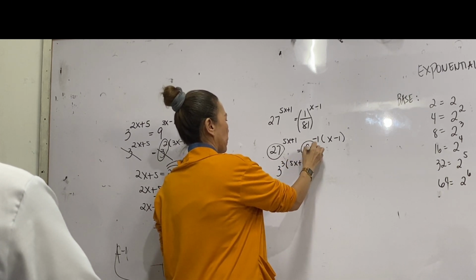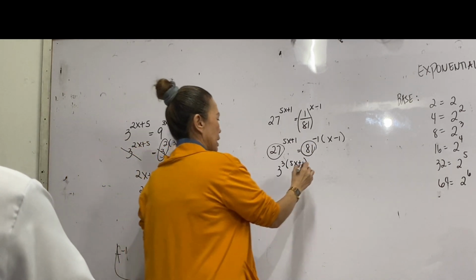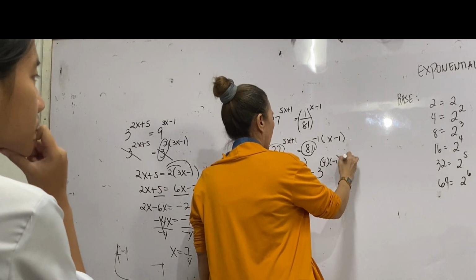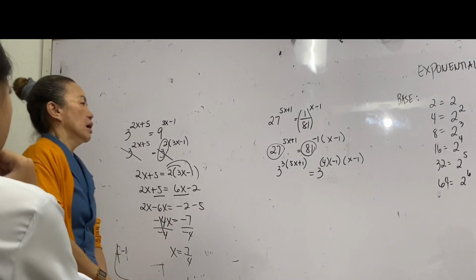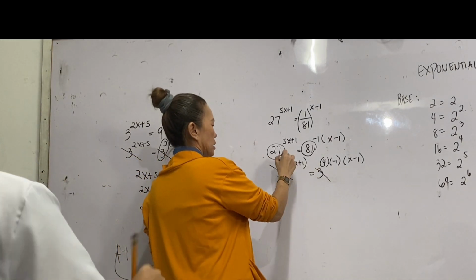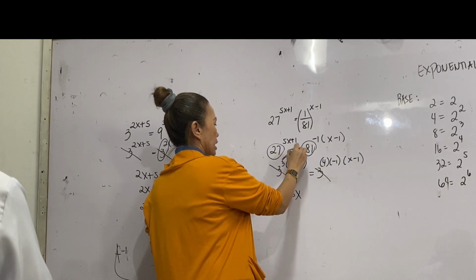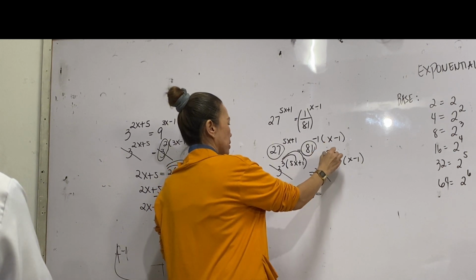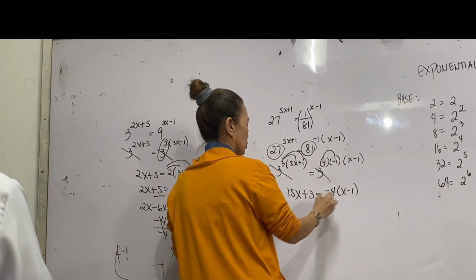Yung 81, papalitan natin ng 3 raised to 4, times negative 1 times x minus 1. Cancel out natin yung 3. 3 times 5x, 15x. 3 times 1, positive 3. 4 times negative 1, negative 4, x minus 1.